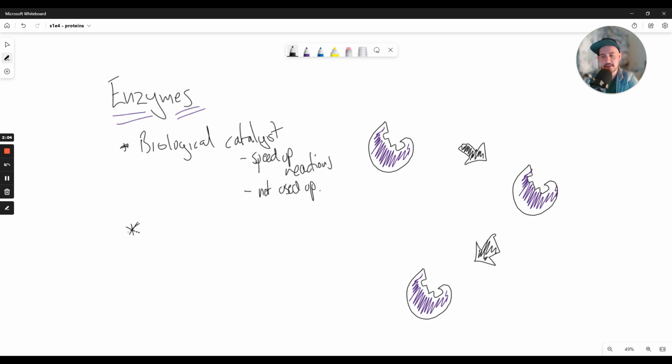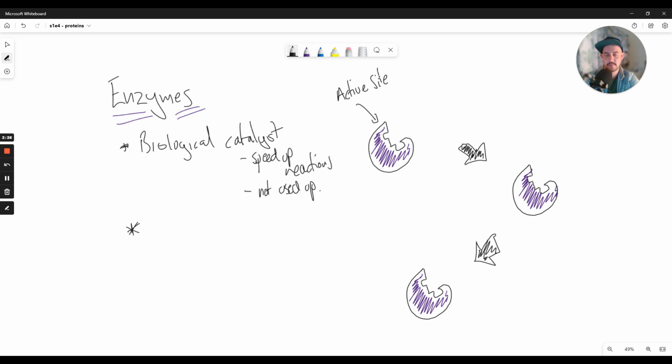Now, enzymes have a very specific shape. And you can see on the screen here, I've drawn an enzyme in purple, which has a sort of funny jigsaw puzzle shape cut into it. This is known as the active site. And the active site is where all the magic happens in an enzyme.